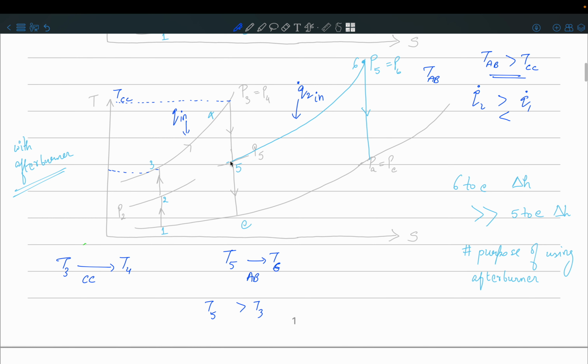So in the afterburner, the operating pressure is lower, and when your fluid is at lower pressure, then for raising the fluid by the same amount of temperature you need more fuel. So even if the delta T is the same in the combustion chamber and in the afterburner, you will need more fuel in the afterburner because you are adding heat at lower pressures. Is this clear?